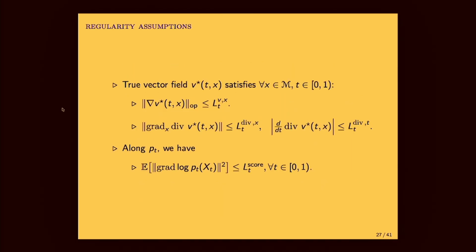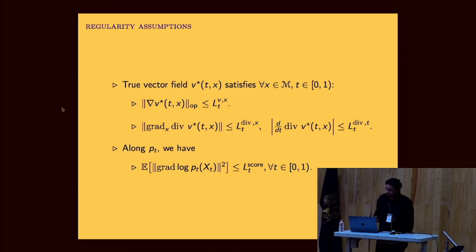Basically, we assume that the true velocity field satisfies this bounded operator norm condition on the covariant derivative. Then the gradient of the divergence is bounded, and the time derivative of the divergence is bounded. I wish to emphasize that many of the papers I previously showed assume these conditions on the learned velocity field, whereas we make this assumption on the true velocity field, which is the object to be learned.